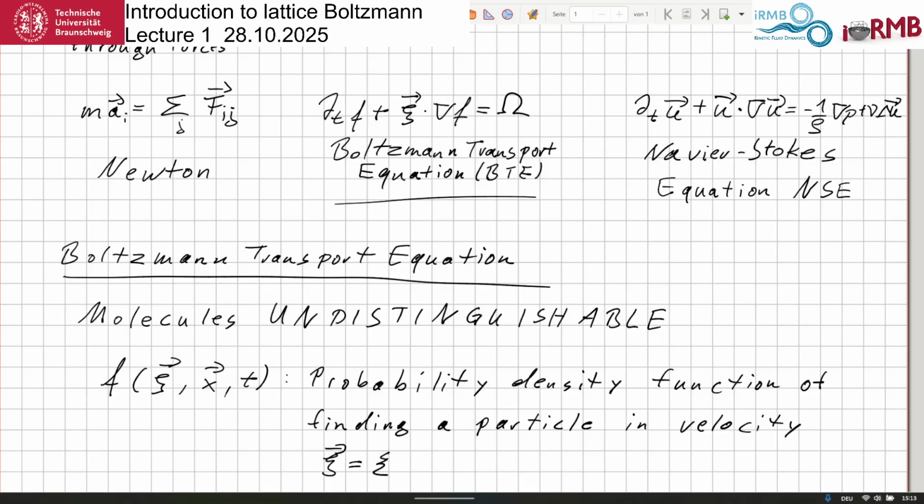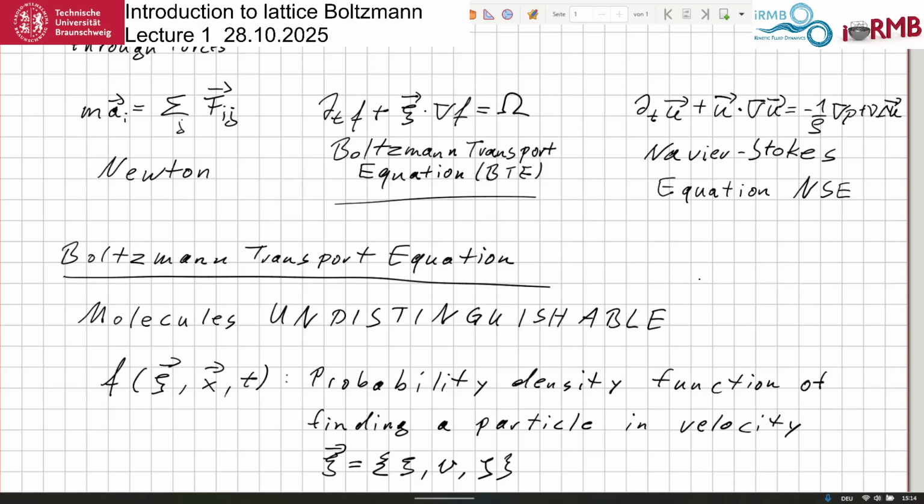I will use xi, the vector xi, and the components of this I will write as xi without the vector. That's the first component, the x velocity direction. Then I'll use an ugly upsilon and an ugly zeta, the last letters of the Greek alphabet.